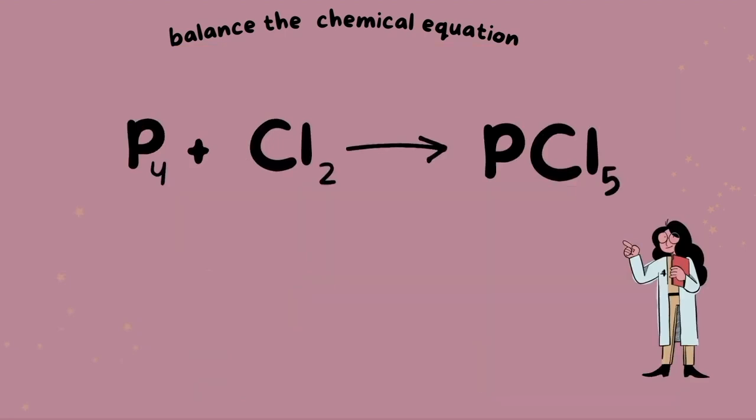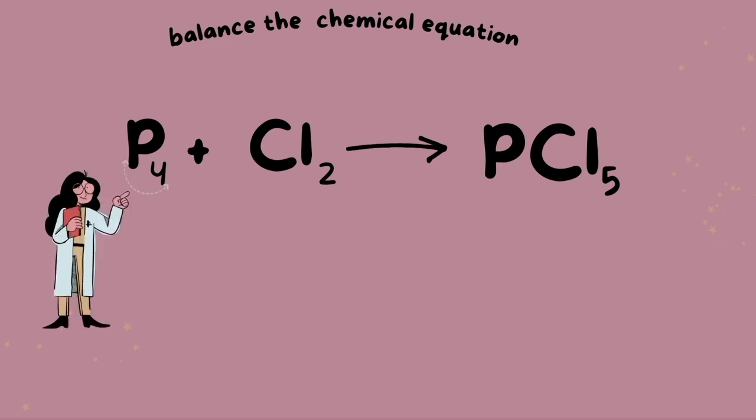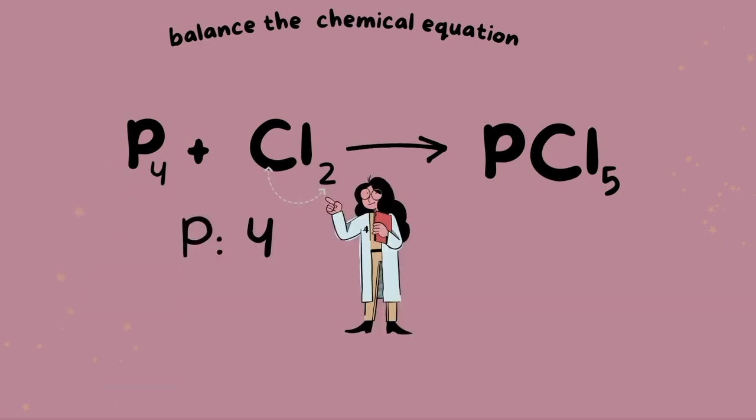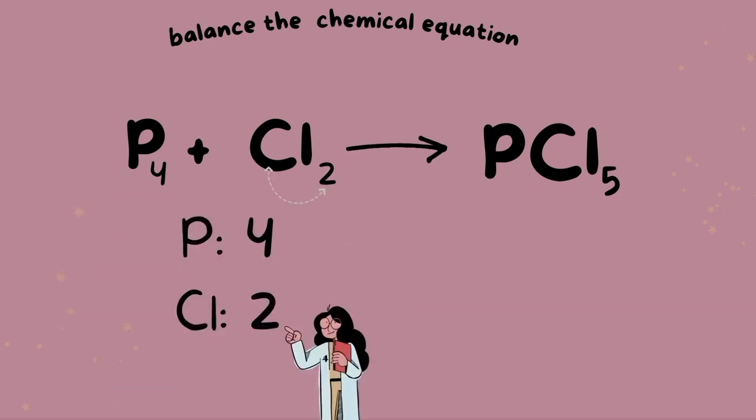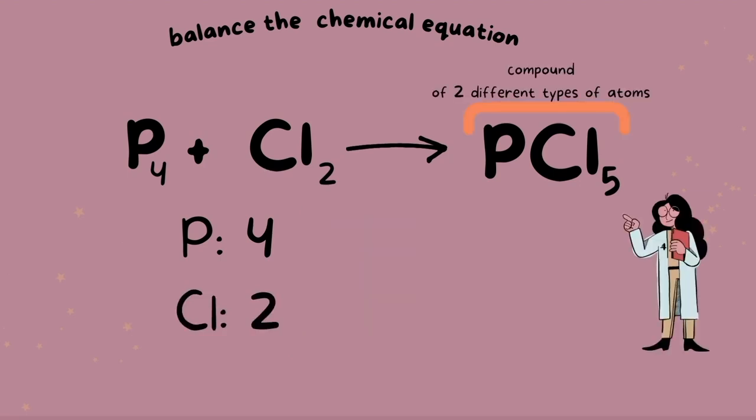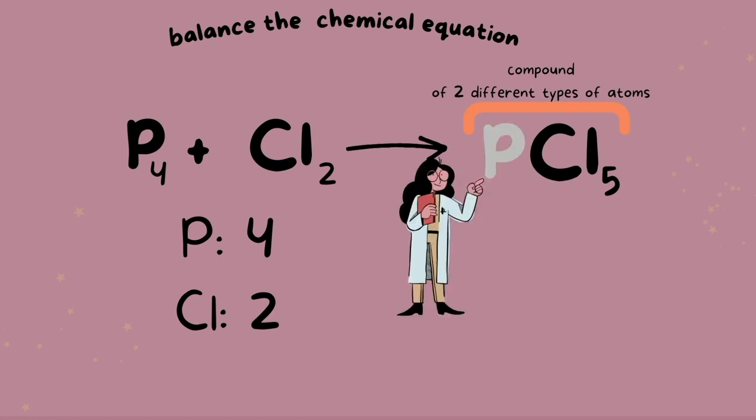Next, let's try phosphorus plus chlorine yields phosphorus pentachloride. Starting off with phosphorus, we have 4 phosphorus indicated by the subscript. We have 2 chlorine, and I want to point out here that we have a compound of pentachloride together. This compound is made of 2 different elements, both phosphorus and chlorine.